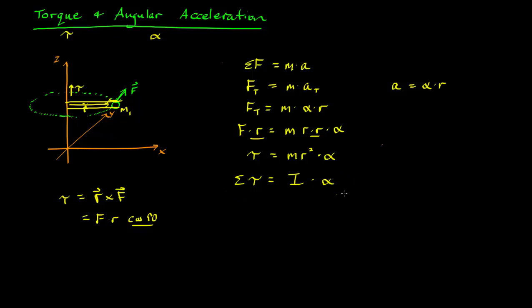And this is true. So what we have is the analogy of force into torque, mass into rotational inertia, and linear acceleration into angular acceleration. So this is Newton's second law applied for rotational motion.